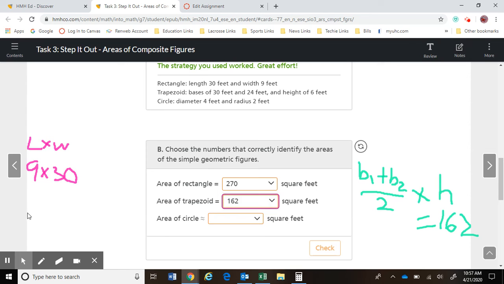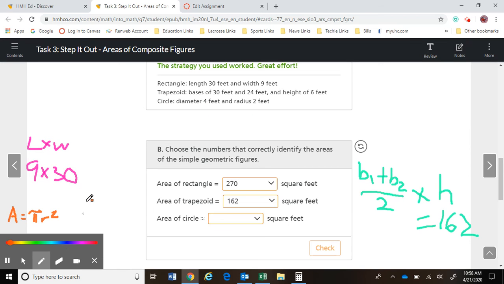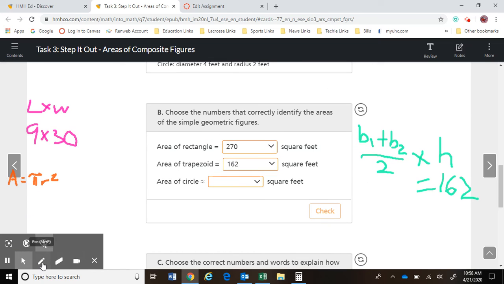And then I need to know the area of the circle. Of course we know that area is pi r squared. This diameter was 4, so if I know the diameter, my radius is 2. It says that up there as well. So I'm going to go 3.14 times 2 times 2.